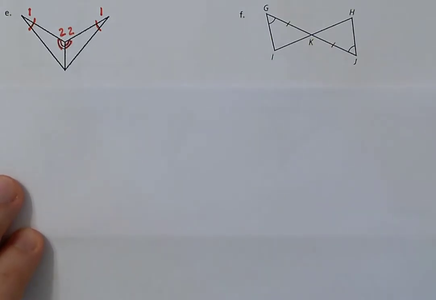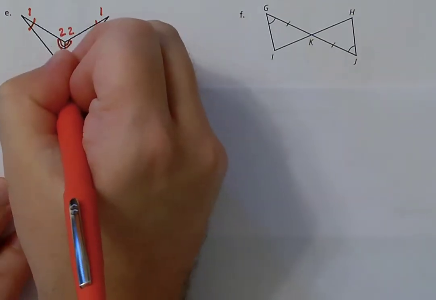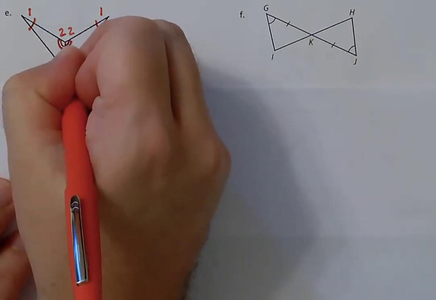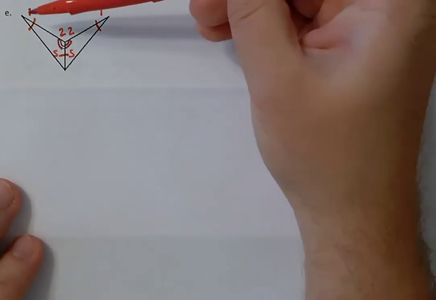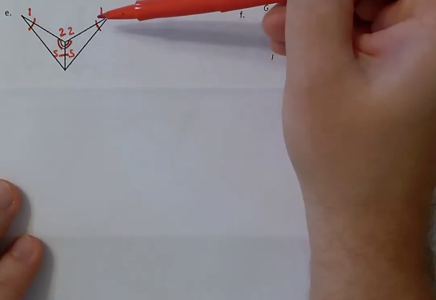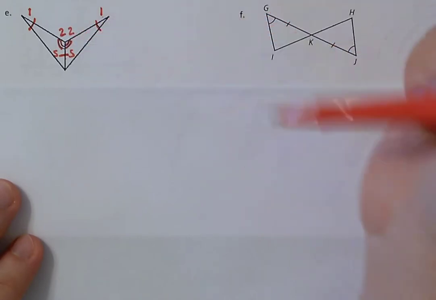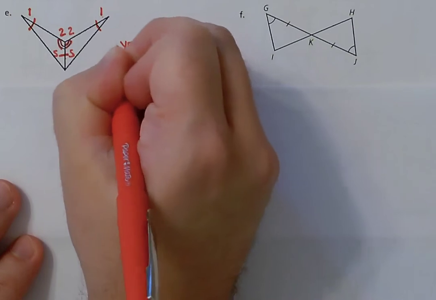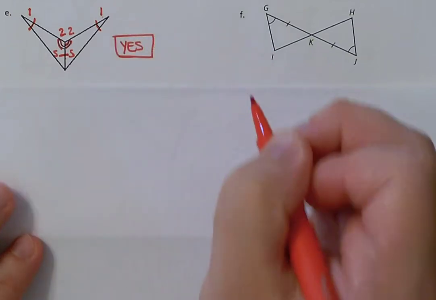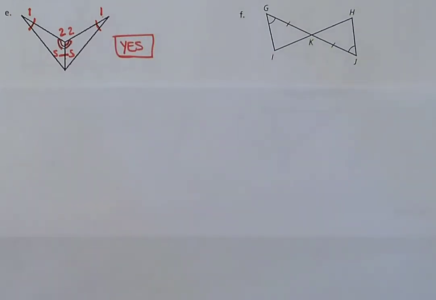I now have to identify if I know that a side length is congruent, and I do know that one is, using the reflexive property. So I know that this side is congruent to this side based off of the reflexive property. So my order is 1, 2, side, 1, 2, side. That means that these two triangles are congruent based off angle, angle, side.